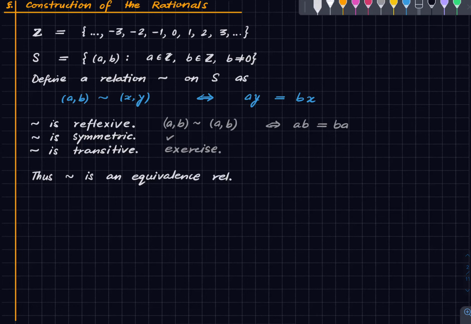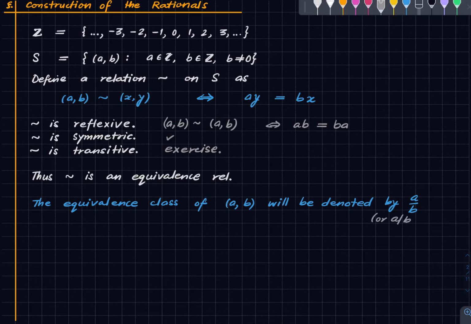Thus tilde is an equivalence relation. Okay. So the equivalence class of the pair (a, b) will be denoted as a by b, or this way.